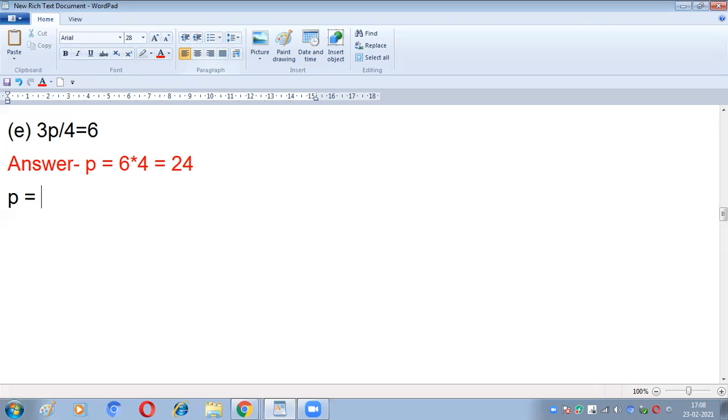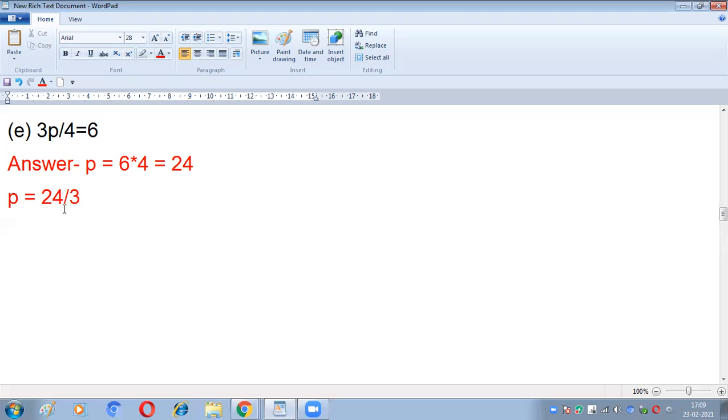So now p is equals to, again this is in black color. Here is 3p, that means 3 multiplied by p. So when this 3p moves to right hand side, it will change its sign, and this 3p will carry division sign. Our last solution was 24, and now 3p is moving to right hand side, so we can write it as upon 3.